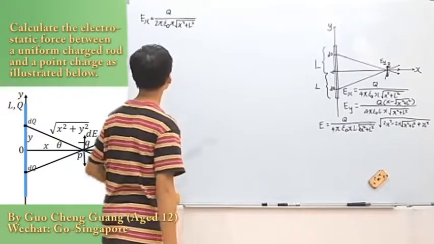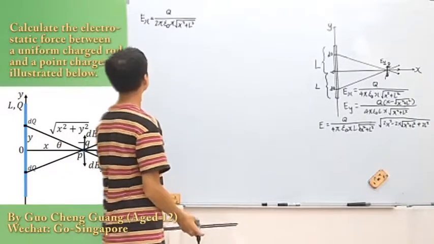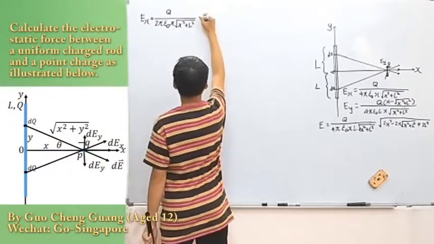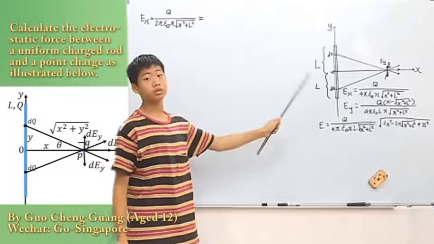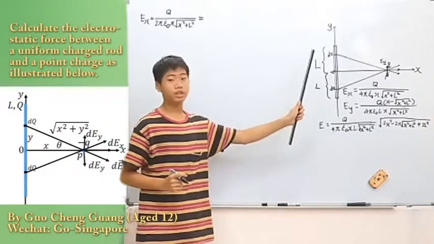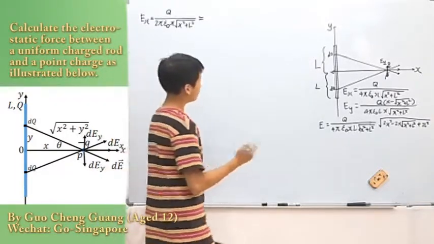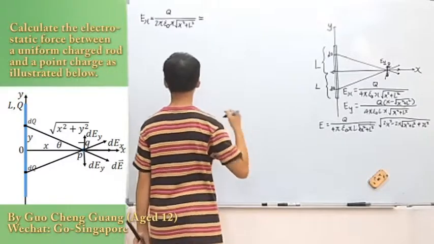Then afterwards, let's change this Q a little bit. Since Q is the total charge that you have, we can change it into the linear charge density.